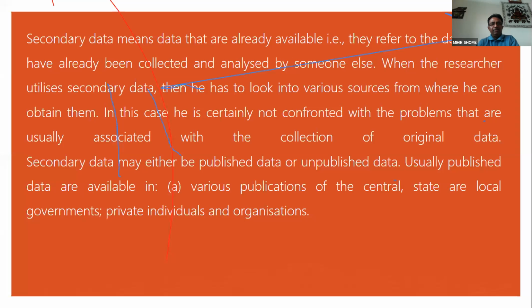In this case, he or she is not confronted with the problems that are usually associated with the collection of original data. Secondary data may either be published data or unpublished data. Usually published data are available in various publications of the central, state or local governments, private individuals and organizations.